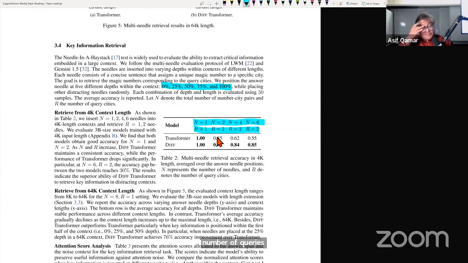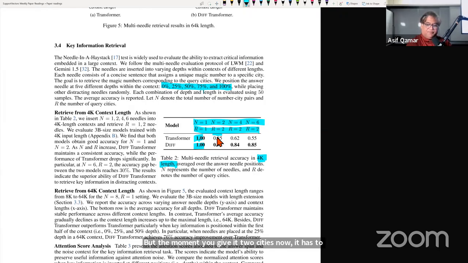You give it a pretty reasonable context length, 4,000 tokens, and you see what happens. What you notice is that when you have only one needle and you ask for only one city, the Transformer and this one do similarly. But the moment you give it 2 cities, now it has to remember more and search more places because there are 2 different needles.